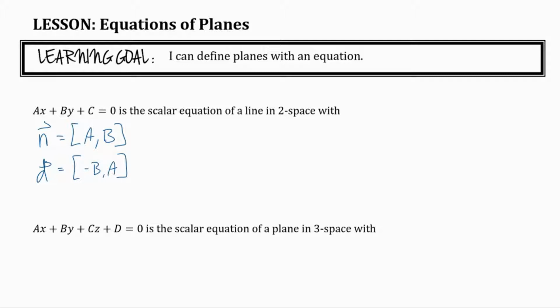And all the different things that we've talked about in terms of vectors come into play here. So we want to think about things like the dot product of a normal vector and a direction vector is going to be 0.